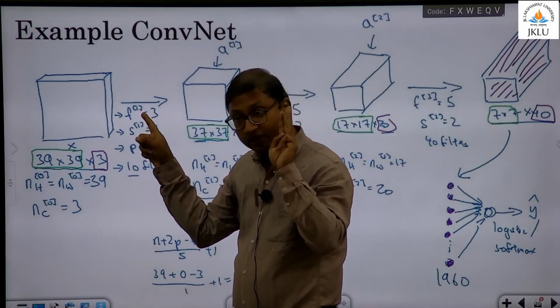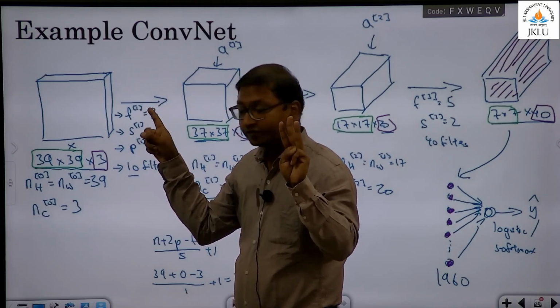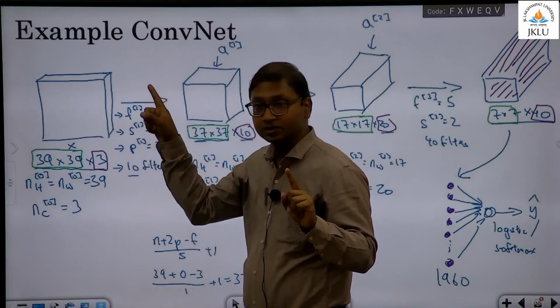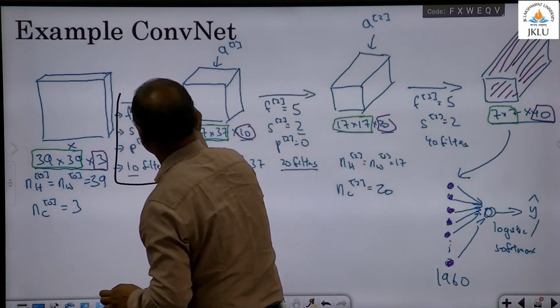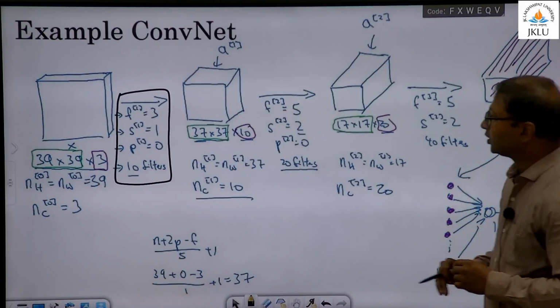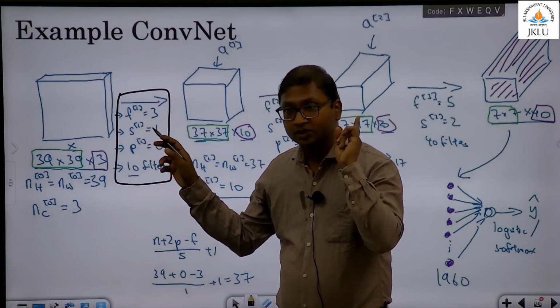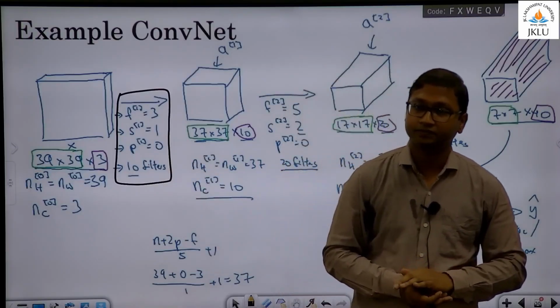That means it is 3 cross 3, okay? 3 cross 3, how many of them? 10 of them. Who decides all these things? You. Okay. So I want to use a filter of size 3 cross 3. This will be the stride, this will be the padding, and these many number of filters.